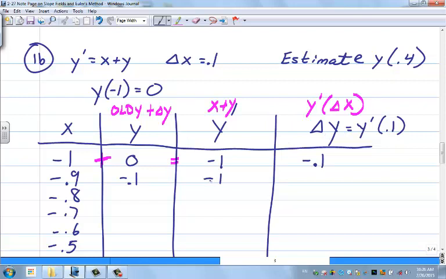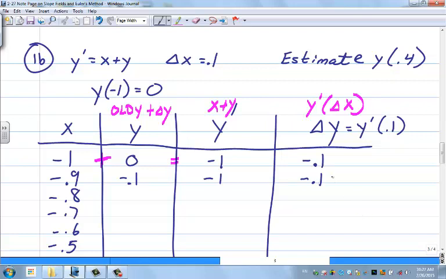So now we're going to take our -0.1 times our 0.1, and again we get -0.1. So now we have a -0.1.